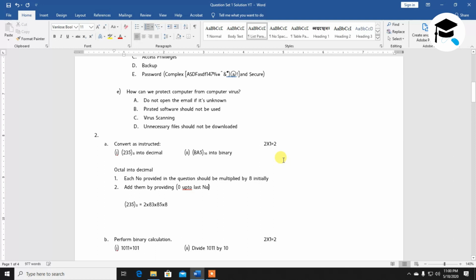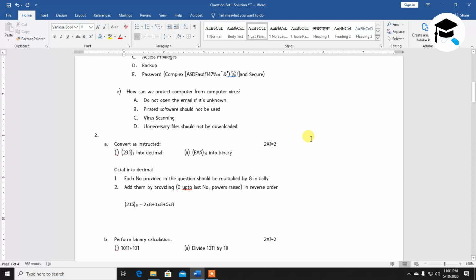And see step number 2, add them by providing powers from 0 up to the last number. What are these? These are the powers raised. So how will you do this? We need to add all this. Add them by providing power raised from 0 to the last number in reverse order.